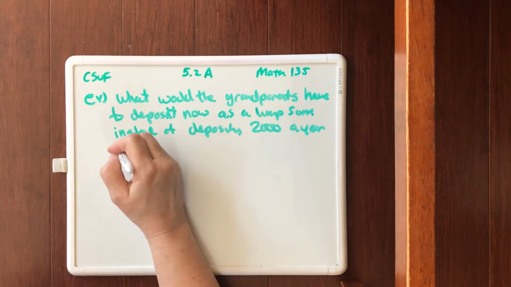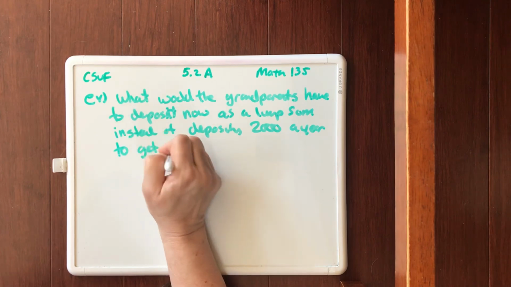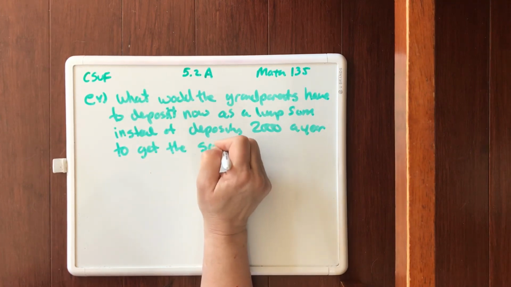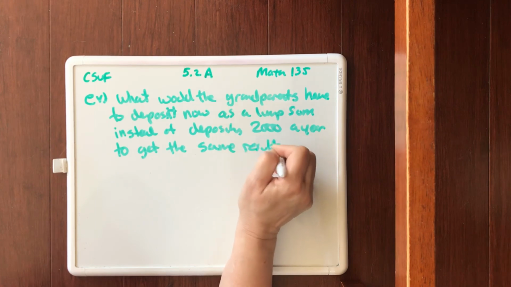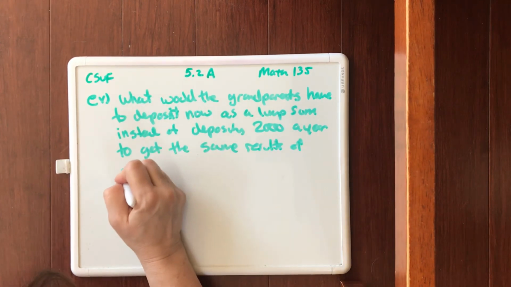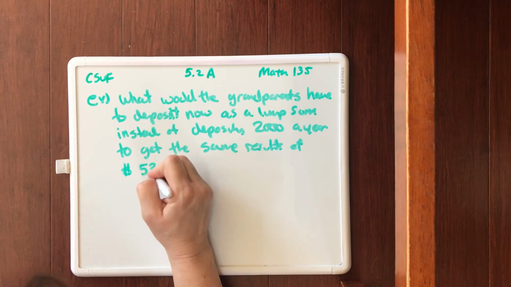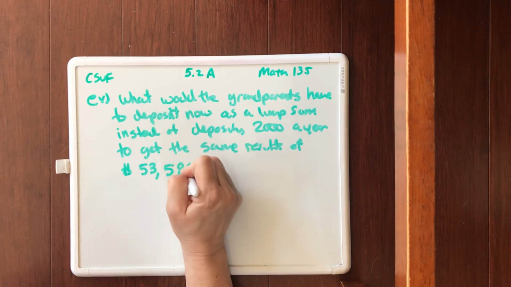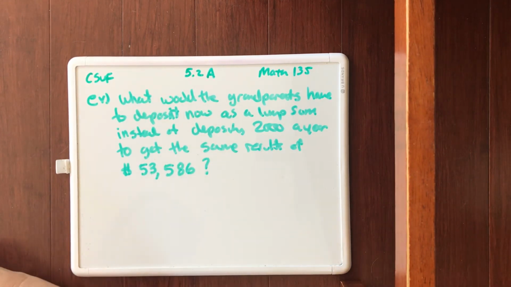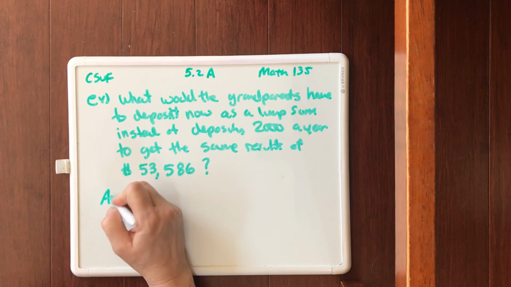What would the grandparents have to deposit now as a lump sum instead of depositing $2,000 a year, to get the same results of $53,586? So we're going to use our formula of APV.